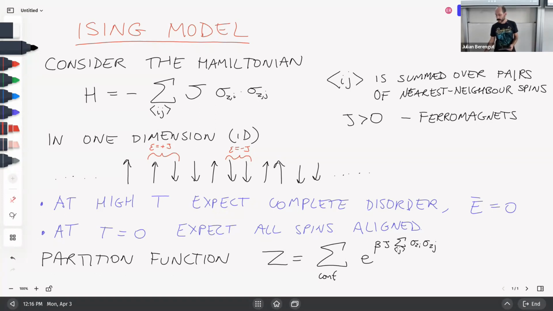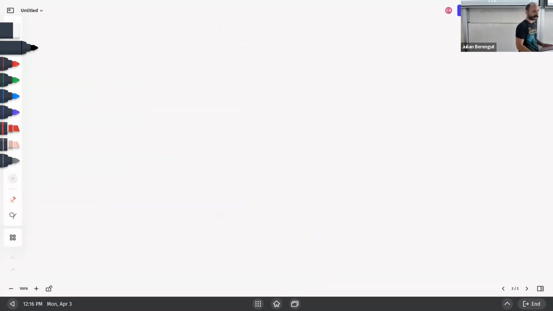So the trick is that we say consider pairs of spins.